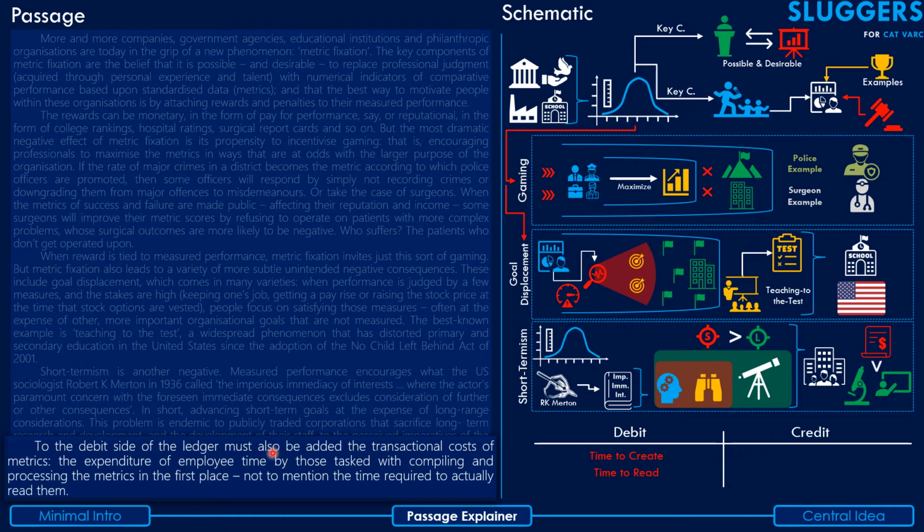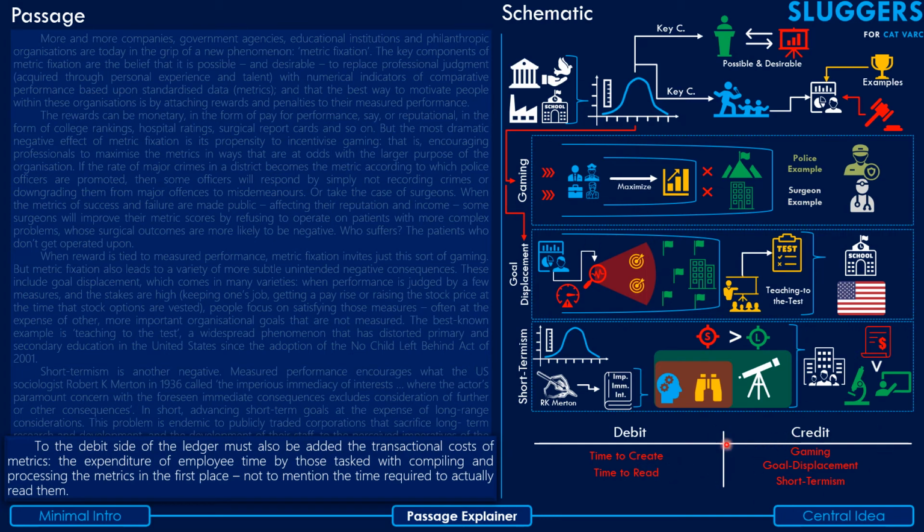So he does not say anything about the credit side because he has essentially already talked about what we have on the credit side, the outcomes, and the outcomes are gaming, right? Phenomena like gaming, goal displacement, and short-termism, all the three negative outcomes of the metric fixation idea, right?